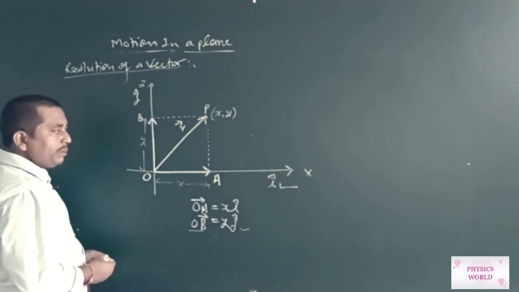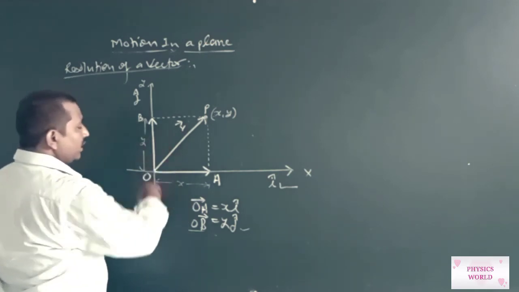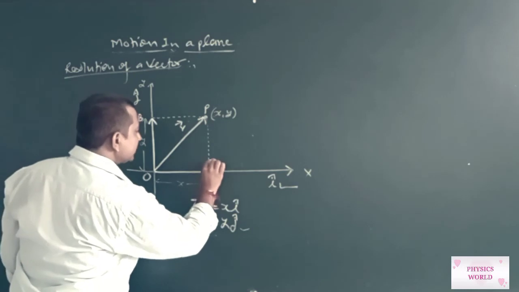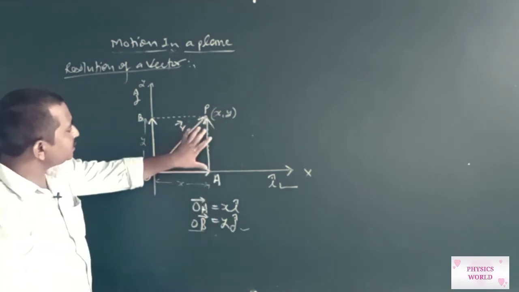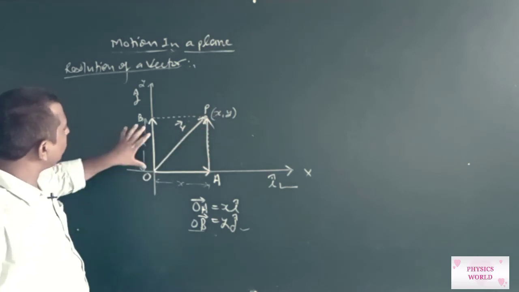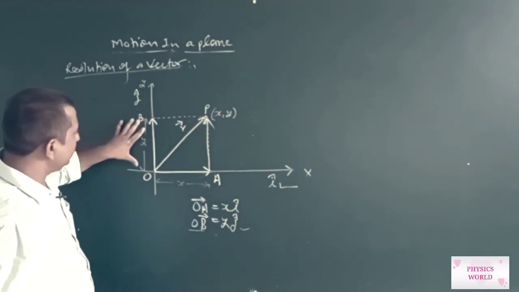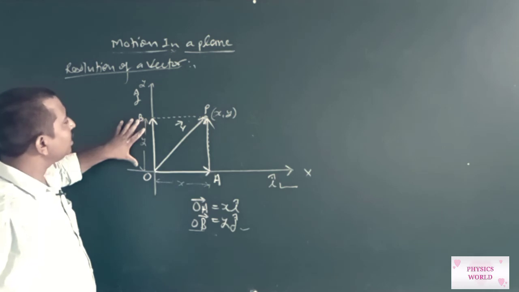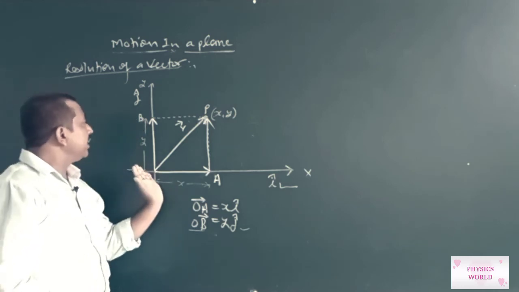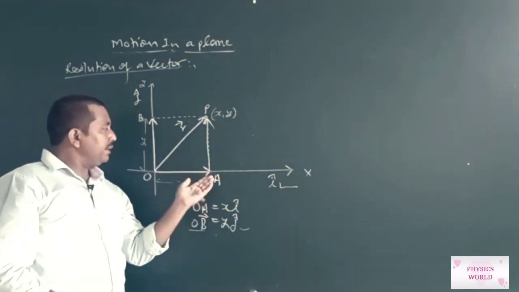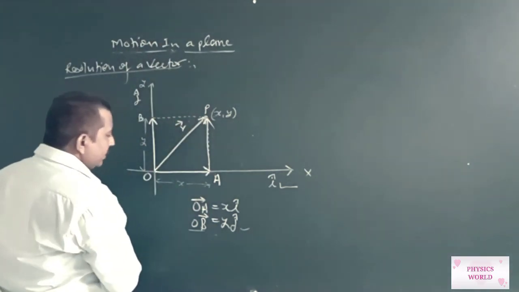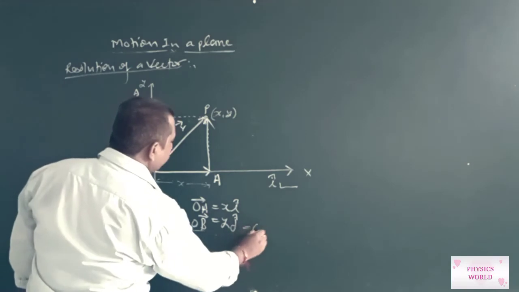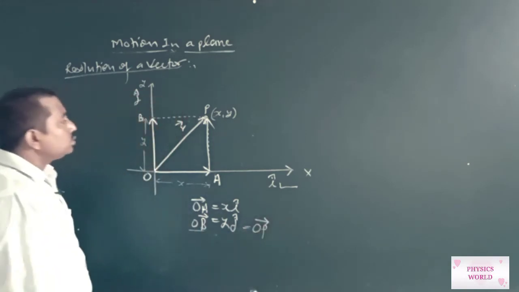By the definition of equal vectors, vector AP will be equal to vector OB, because they are the same in magnitude and in the same direction. So vector OB will also be equal to vector OP.